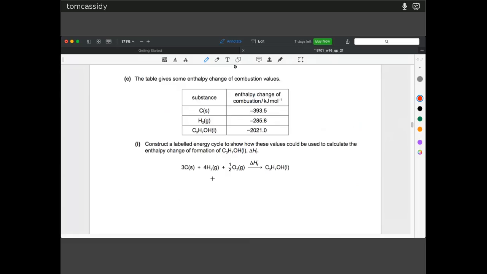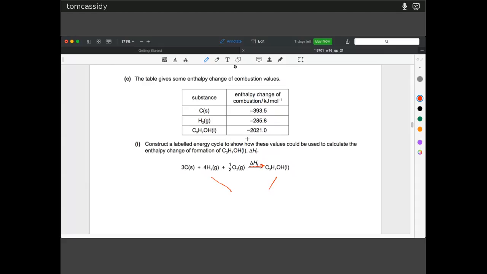You can have one step, you can have two steps. As long as the starting conditions and the end conditions are the same, then the enthalpy change is the same whichever route you take. So we're trying to find the enthalpy change on this route here. We don't know what it is, but if we can find another route that gets from the same starting place to the same ending place, then the enthalpy change on that route will be the same as this single step up here.